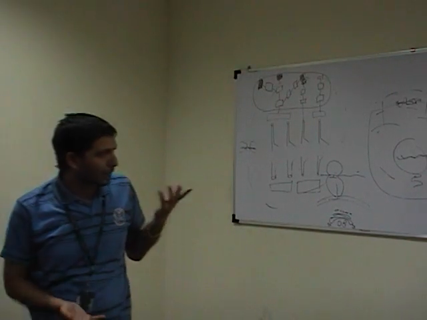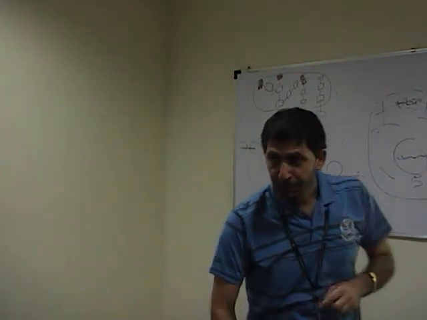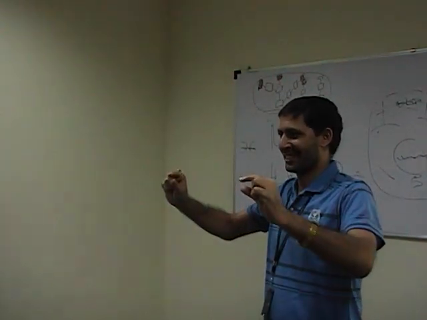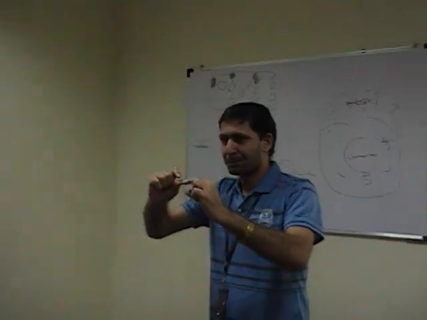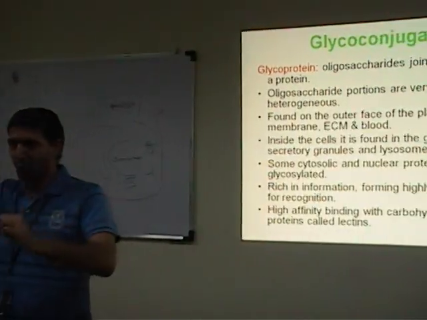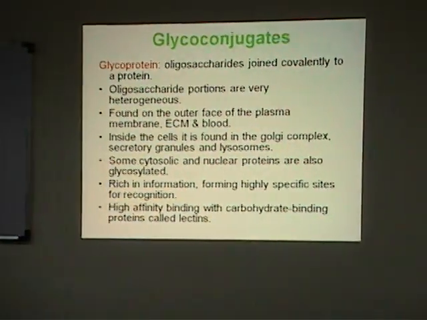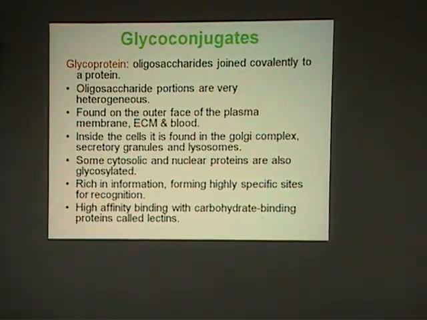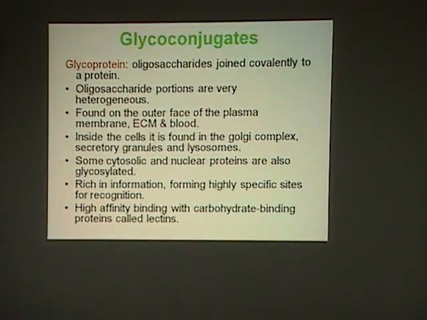Therefore, people have hypothesized that lectin acts as a code reader. As in the case of mRNA, the code reader is the ribosome; for carbohydrate, the code reader is the lectin protein. And what is the importance of it? We will study later.